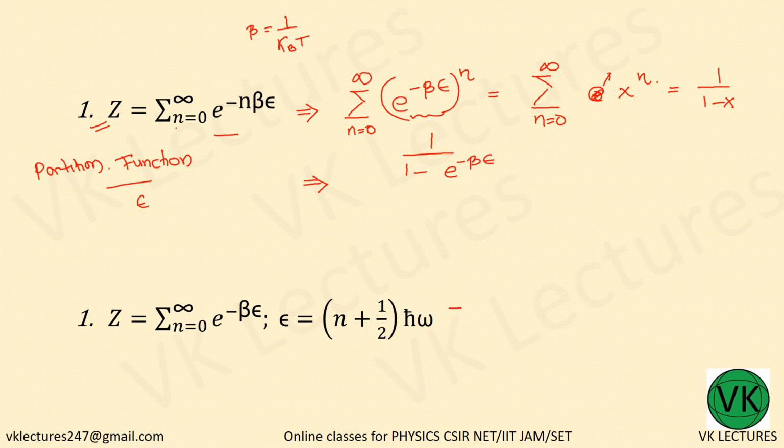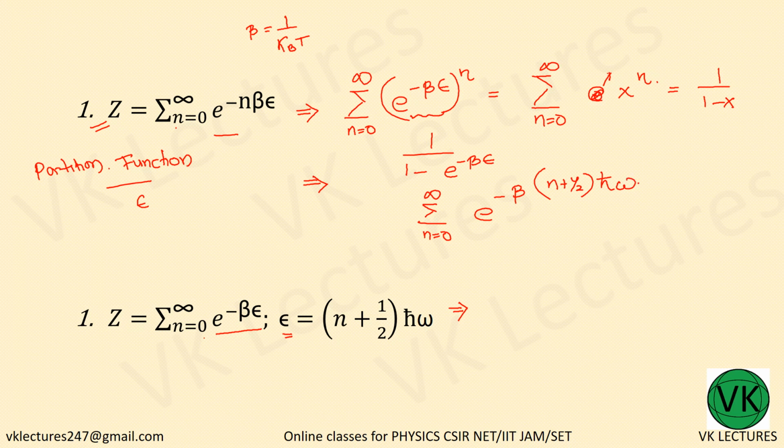Now here you have the second question. Sum over n equal to 0 to infinity e to the power minus beta e. This is the same, but what is e? E is given as n plus half h cross omega. Immediately once you get the question, you start writing sum over n equal to 0 e raised to minus beta times n plus half h cross omega.